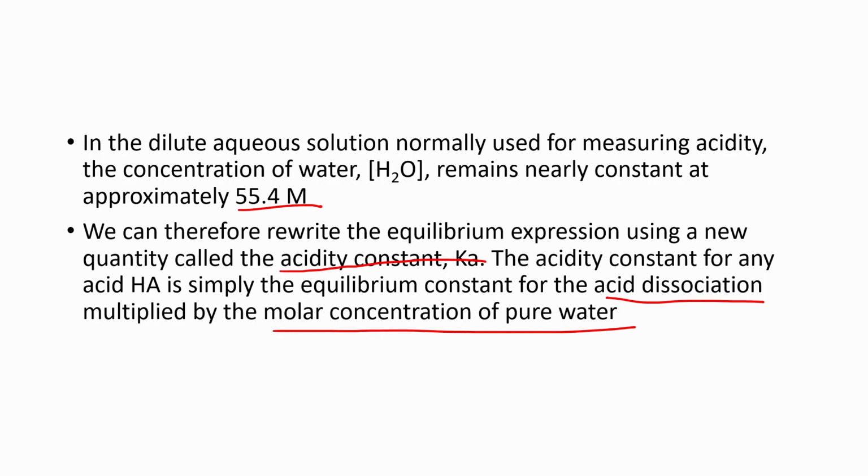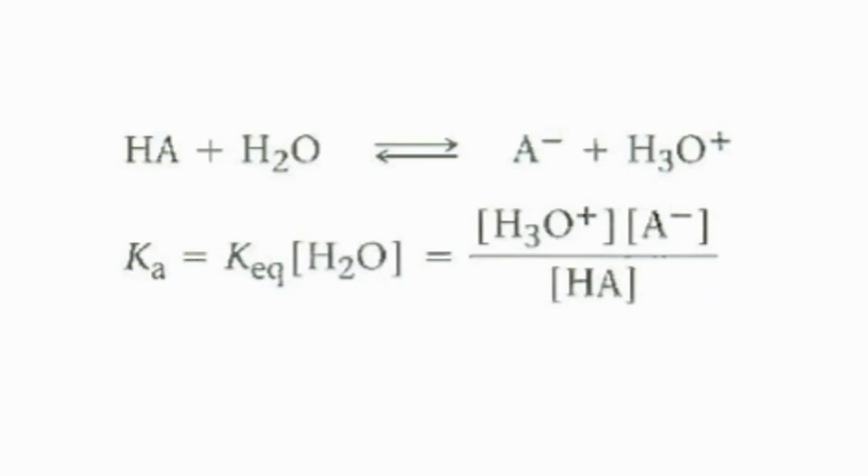So simply put, Ka equals Keq multiplied by water, or simply the concentration of hydronium ion multiplied by our conjugate base over our acid. So we can exclude water from our equation.